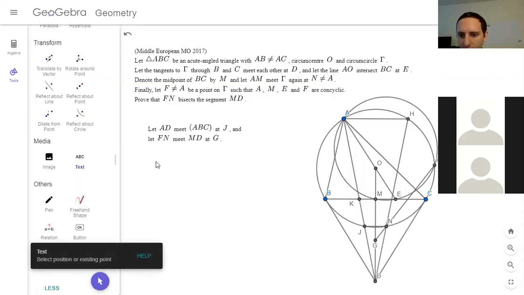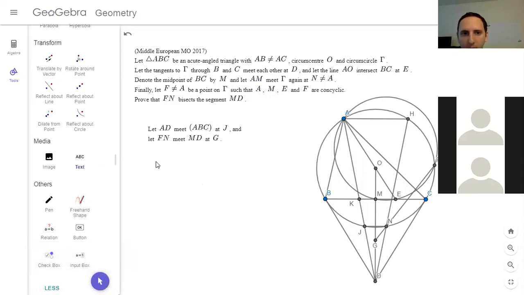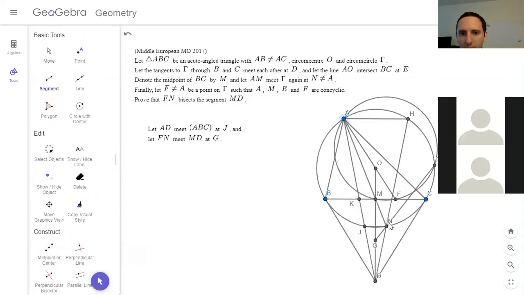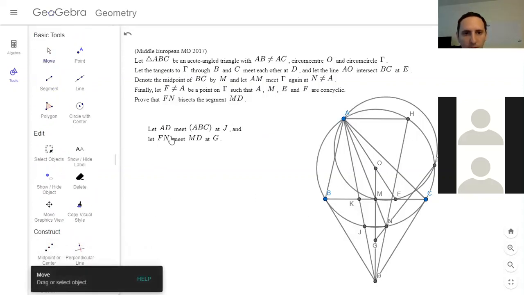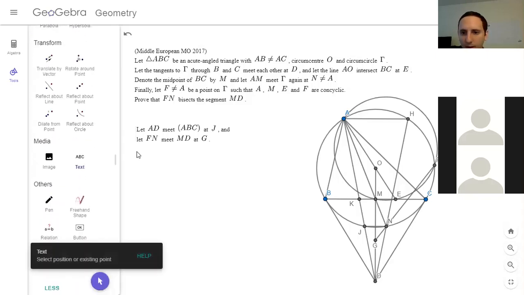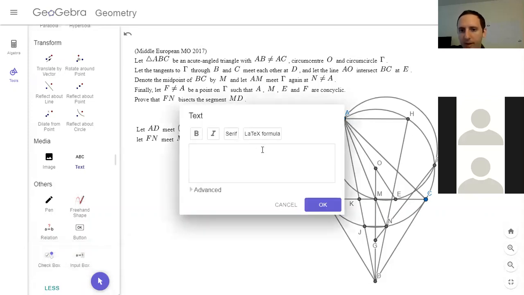So first of all, how was point N defined? Wait. AM. Okay, I should draw the line through AM and N. So by the Submedian Theorem, angle CAN is equal to angle BAJ. And so that means that JN is parallel to BC.